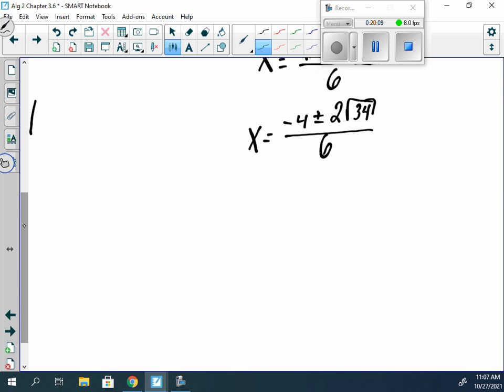Now, looking at this, is there a greatest common factor between 4, 2, and 6? 2. Okay. There are two ways we can go about doing it. I will show you the first one. I can factor a 2 out of the numerator. Well, 2 factored out of -4 would be -2, plus or minus the square root of 34, and this is still all over 6.